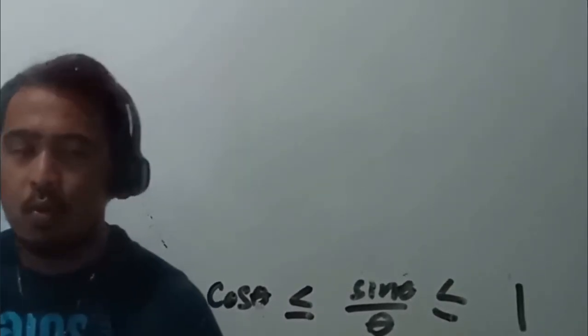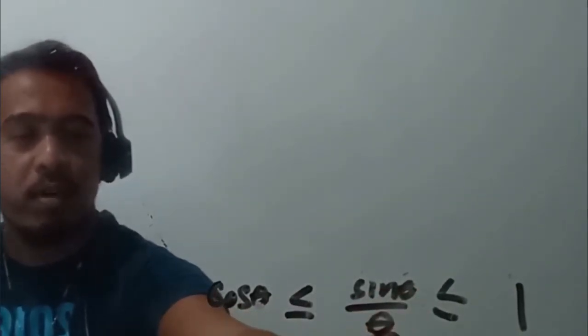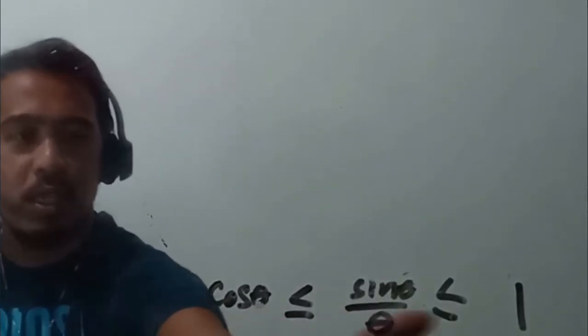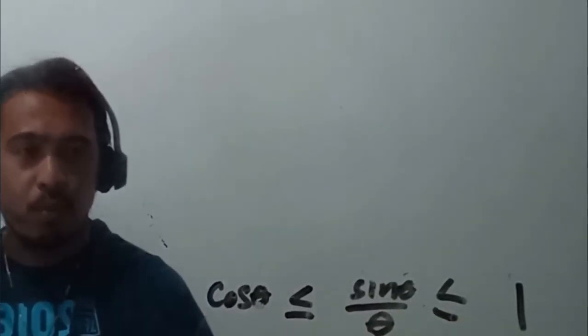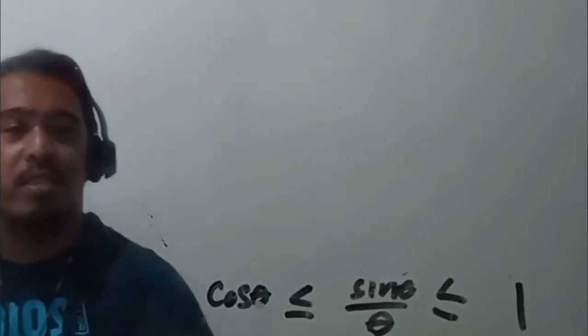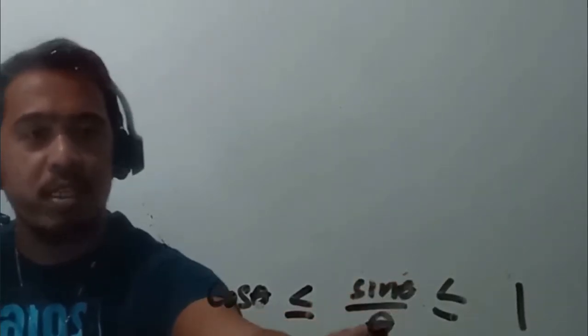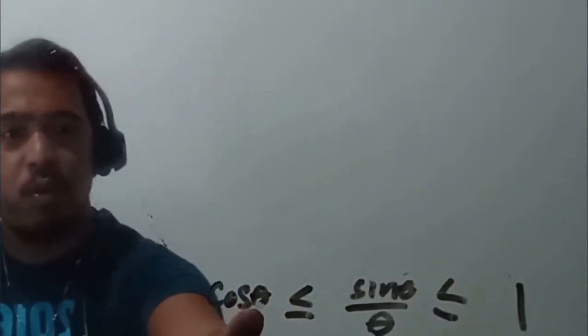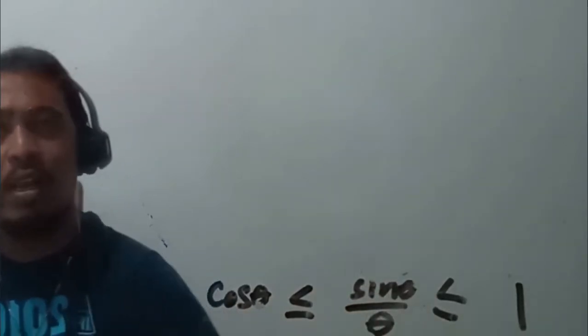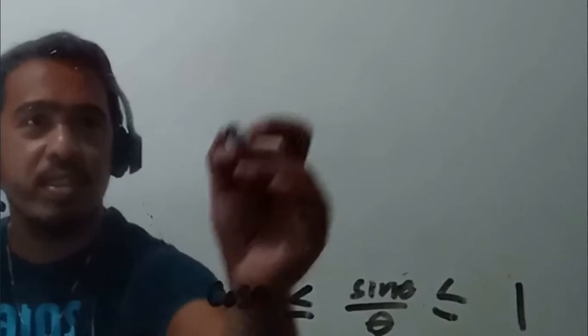Now you may wonder, if we will change the value of theta by its negative, can this inequality still be working? It might not, it might be yes. Remember, this theta can be positive. If this is positive, it will work. But if we will change it to the negative value of theta, can it still work? Yes, the answer is yes.